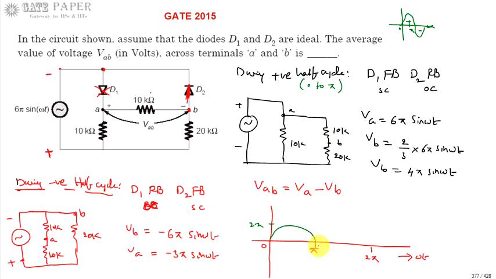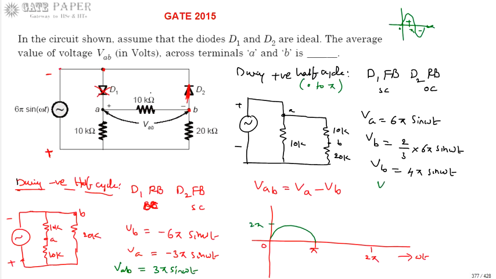Okay, and next during π to 2π, VB is minus 6π and VA is minus 3π. So VA minus VB is minus 3π sin ωt minus of minus 6π sin ωt. So this will become VAB over here, plus 3π sin ωt.